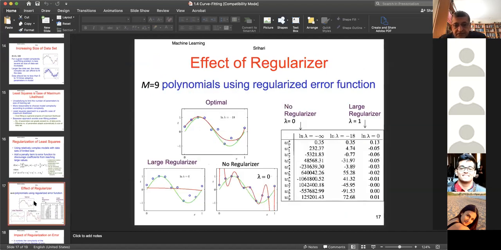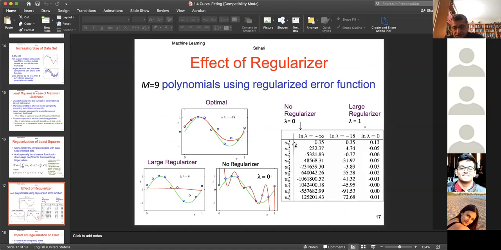Now, this diagram shows the effect of the regularizer. We are asking what happens when you control that lambda. If you use lambda equal to 0, which means don't use regularization, then you're going to get an exact fit like this. And we are using a ninth degree polynomial here, m equal to 9.